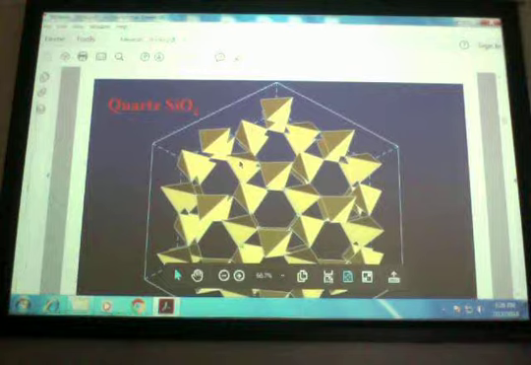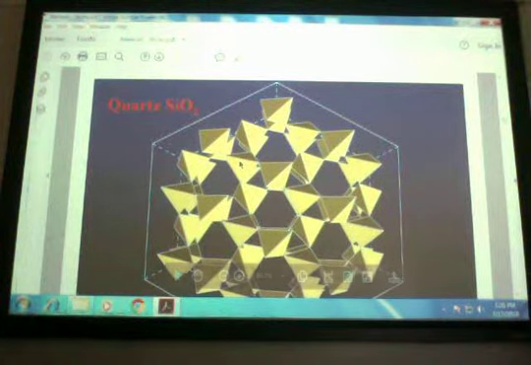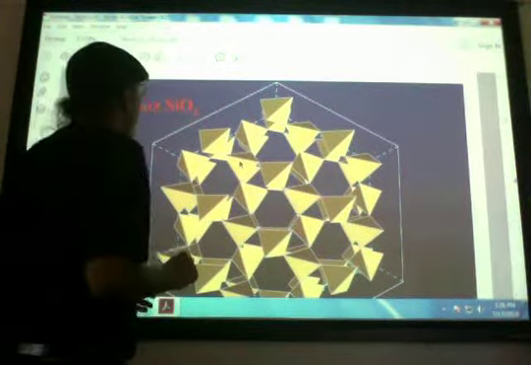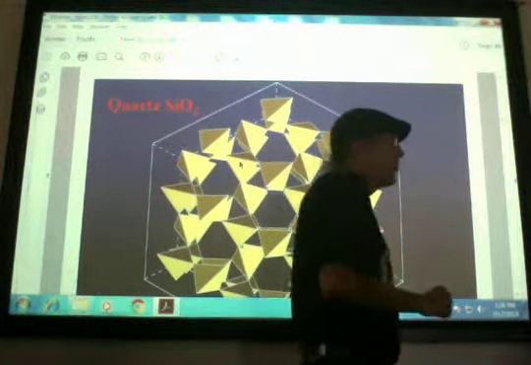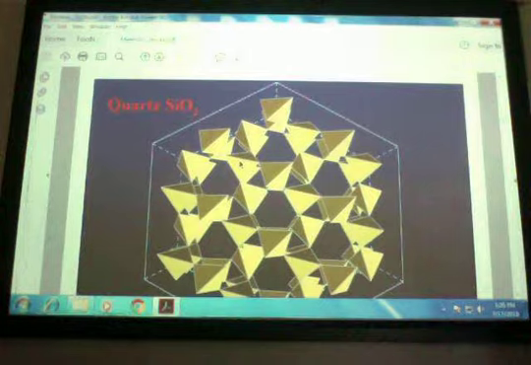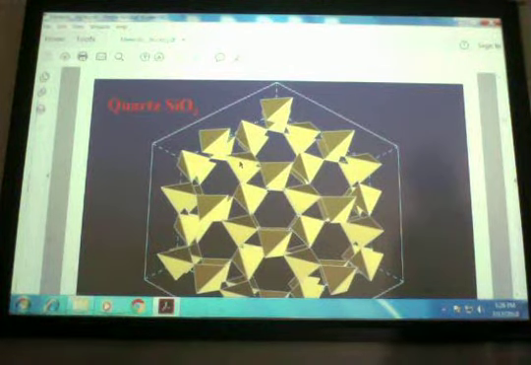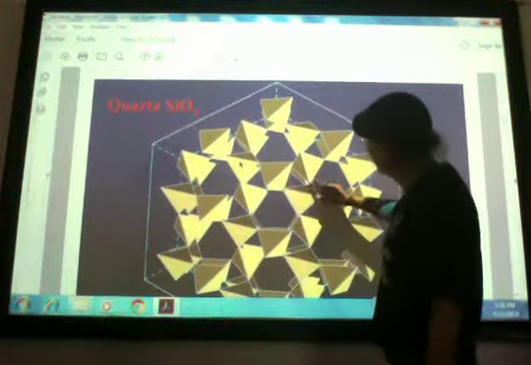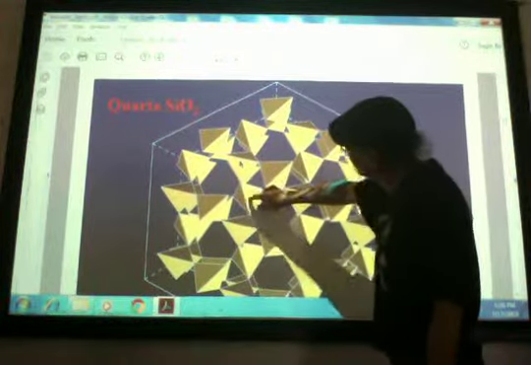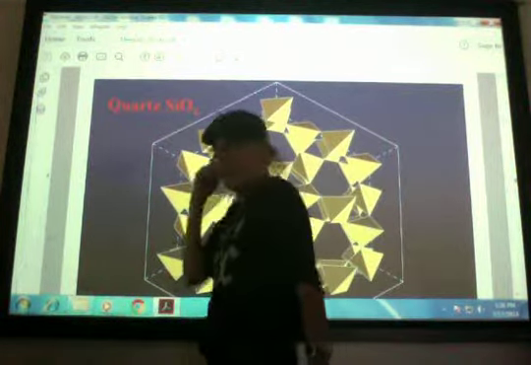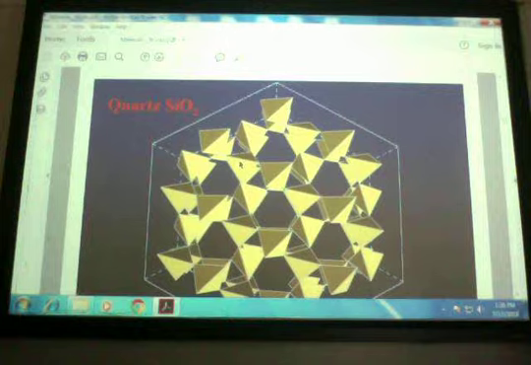There we have now another quartz, and here you can see what I have told you thousands of times today, that all the tetrahedrons are linked. Therefore, a quartz is a tectosilicate, yeah? So now we are going to the next.